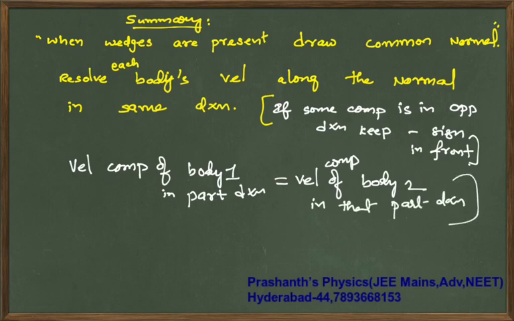So this is what you are supposed to do. With this we'll stop this lecture. I have covered the conceptual part of wedge constraints. Now we will apply these wedge constraints to problems. Now let us go to the next lecture.